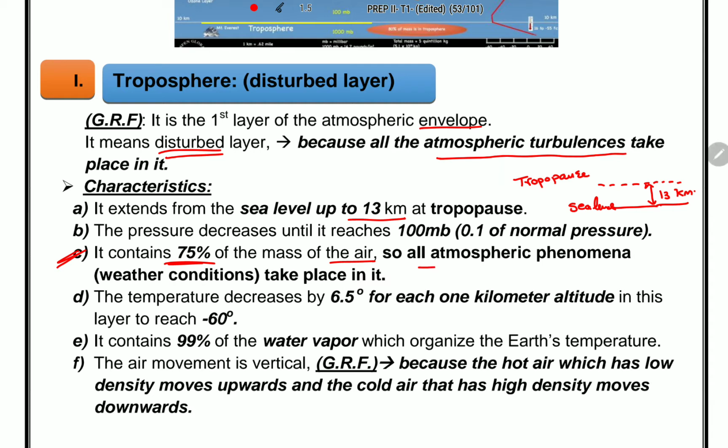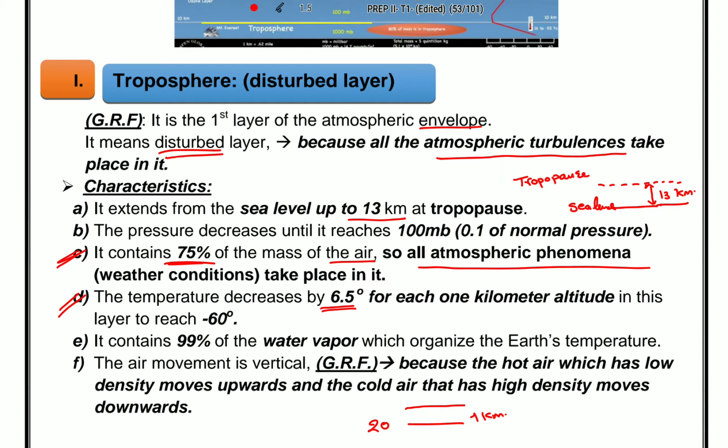That's why all the atmospheric phenomena, all the weather conditions like storms and clouds, take place in it. What about the temperature? The temperature decreases by 6.5 degrees for each 1 kilometer up. If the temperature at the sea level, for example, is 20 degrees, and then you move up just 1 kilometer, the temperature will decrease by 6.5 degrees.